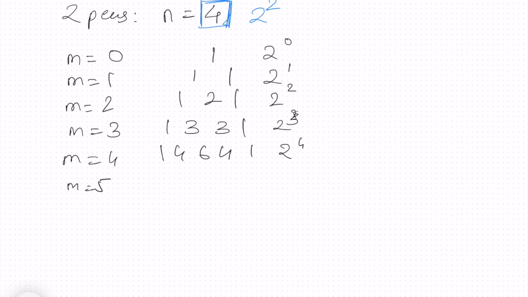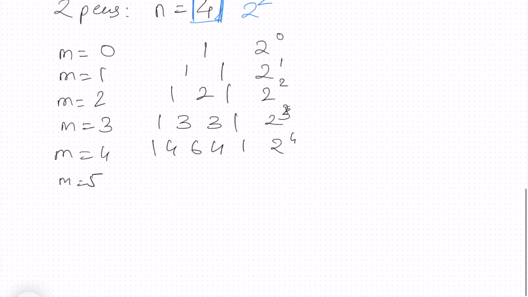If we follow this triangle, this is also known as Pascal's triangle. So 1, 1 at the extremes, 1 plus 4, 5, 4 plus 6, 10, 6 plus 4, 10, 4 plus 1, 5. And this should add up to 2 power 5, 32.